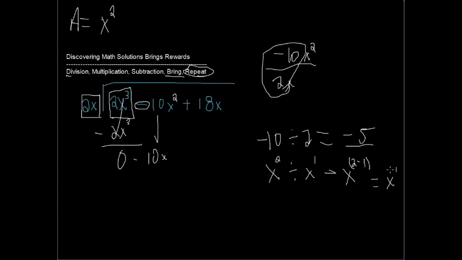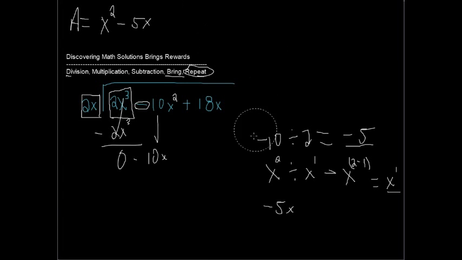So with these two answers combined, we have minus 5x. Normally, you don't put the first, so we put minus 5x up here. And now we erase all this, because we don't want it.